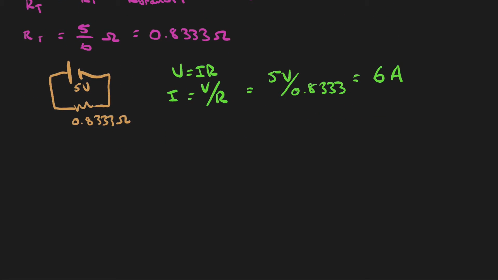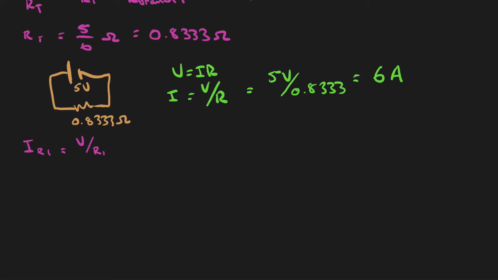So let me go back to this. I R1 is equal to V divided by R1. And what I've just done here is rearranged Ohm's law.